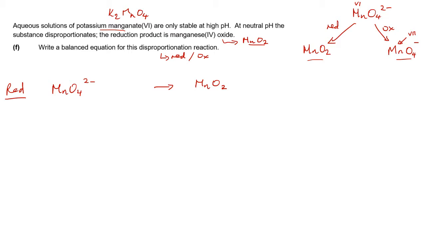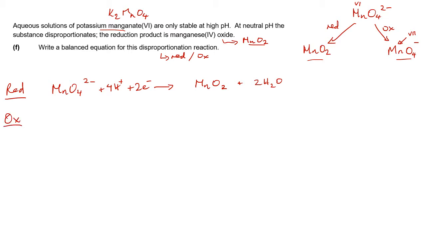Second step, balance oxygens. We've got 4 on the left, 2 on the right, so let's put 2 waters on the right-hand side. Next step, balance hydrogens. We've got 4 on the right and none on the left, so let's have 4H+ on the left. Lastly, we balance charges. We're going to have to put 2 electrons in to make the left-hand side neutral, seeing as the right-hand side is already neutral. And there we have the half equation for the reduction reaction.